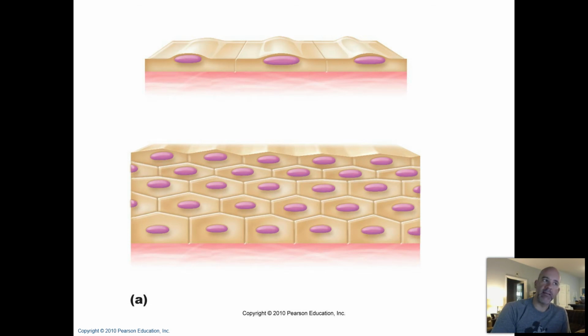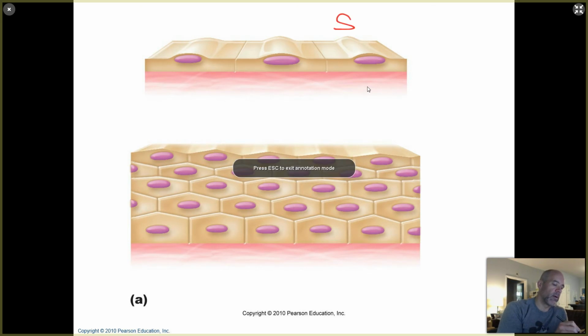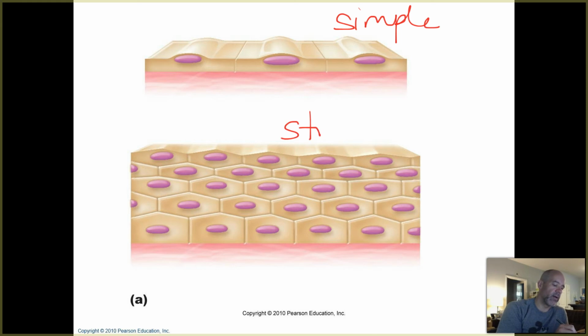If we look at these diagrams from your textbook, if you saw these on a lab test and were asked to identify the type of epithelial tissue you see here, this one is a simple epithelium, and this one is a stratified epithelium, because you can see that the cells here are in multiple layers.